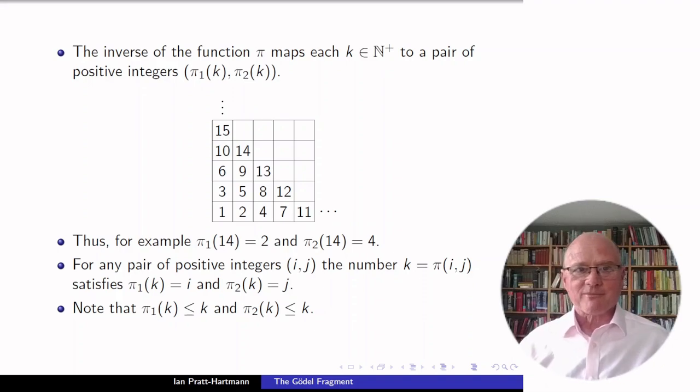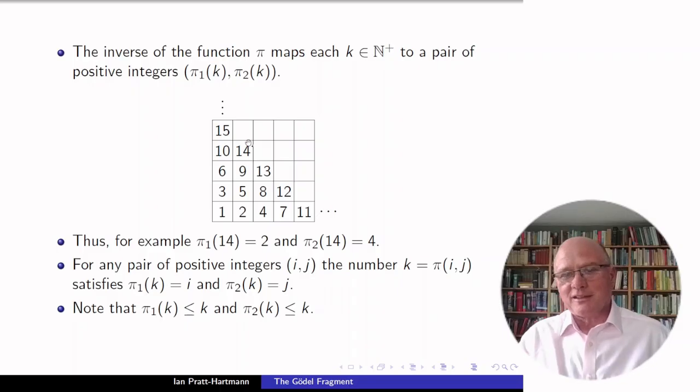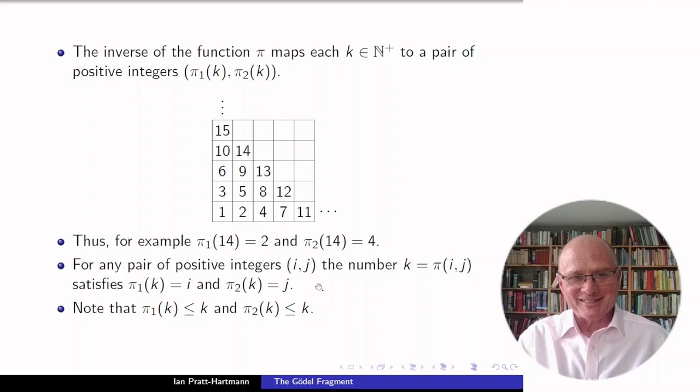As an example, take k equals 14. pi1 of 14 is 2, so the x-coordinate is 2, and pi2 of 14 is 4, so the y-coordinate is 4, 1, 2, 3, 4, and that's exactly that square there. If you want to amuse yourself with a bit of algebra, you can derive expressions for pi1 and pi2, just a little exercise, but you can clearly do it.